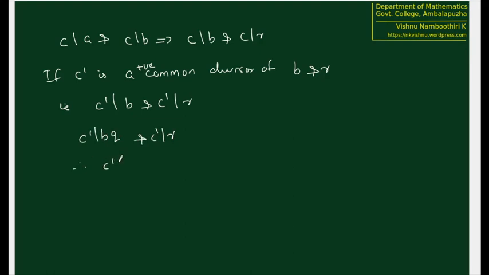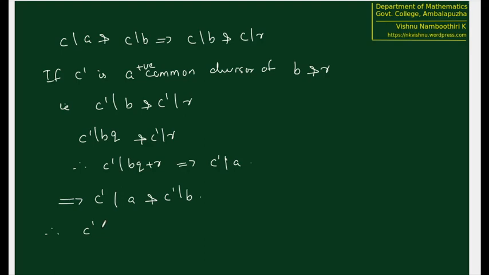Therefore, c dash divides bq plus r. But what is bq plus r? It is a. So from c dash divides b and c dash divides r, we finally arrived at c dash divides a and c dash divides b. Therefore, any positive common divisor of b and r is a positive common divisor of a and b.